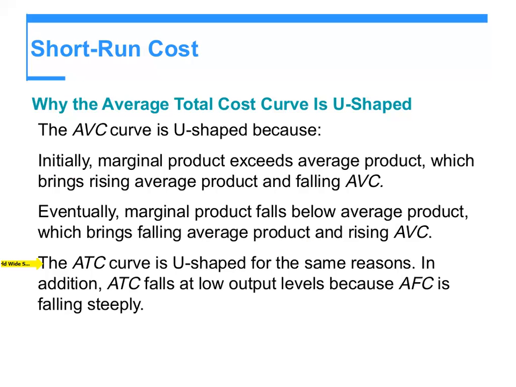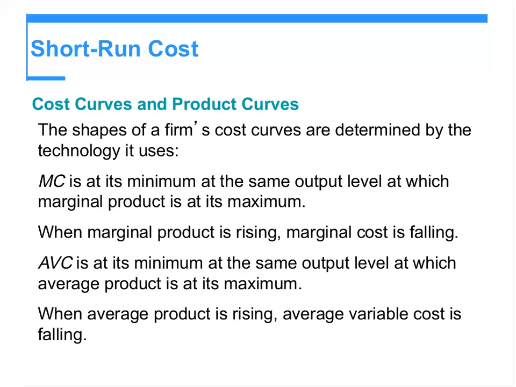So ATC here is U-shaped because of the same reason. As you know, ATC is the sum of AFC and AVC. So the ATC curve also first diminishes and then rises simply because of the same reason that we just explained for AVC. So, cost curves and product curves.